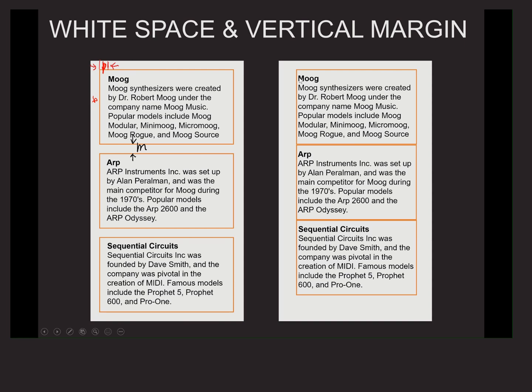So the paragraph, the content of the box, starts from the border, so they almost overlap, okay? So it's not easy to differentiate, or not easy for reading.